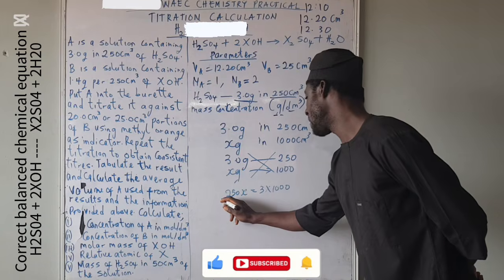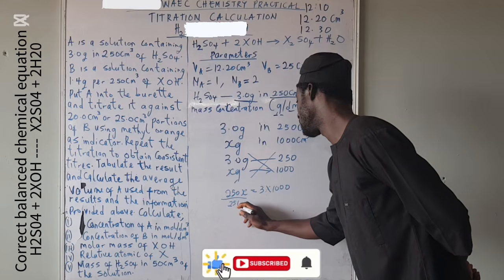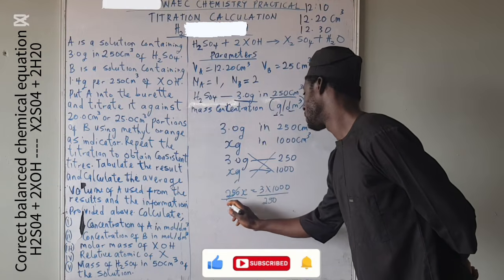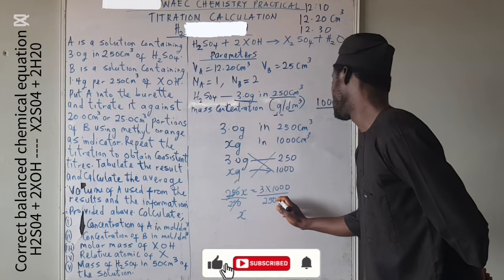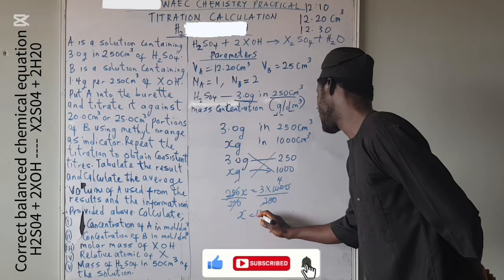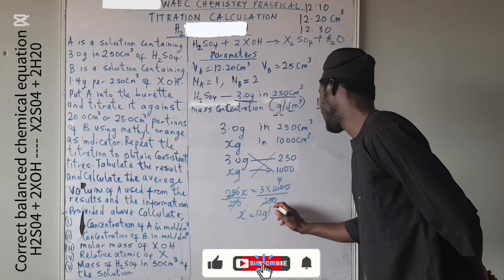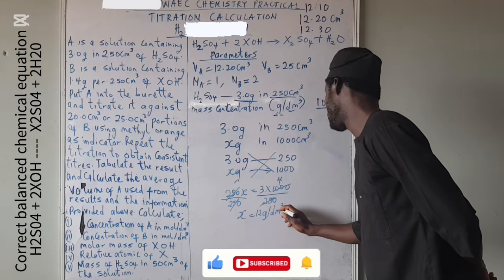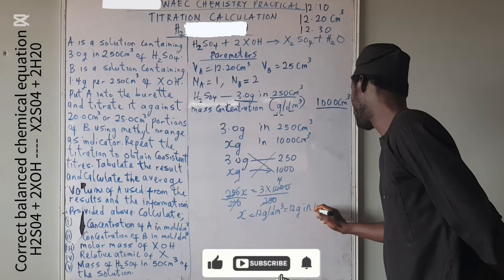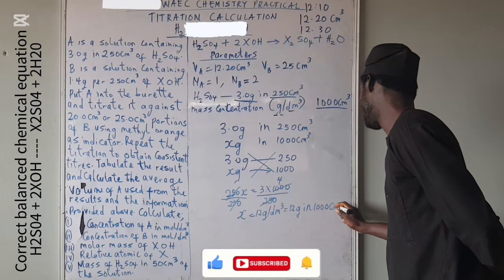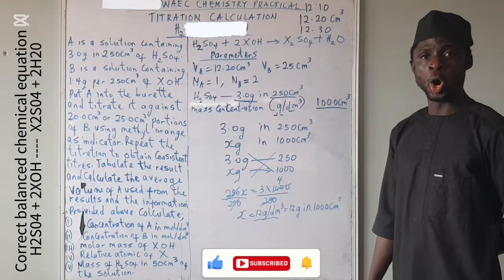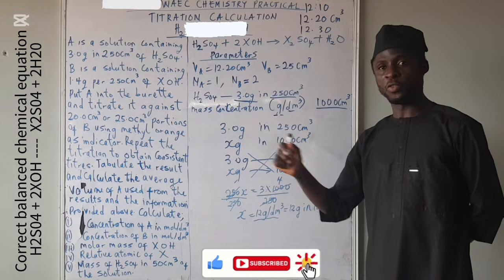To get our x, divide both sides by 250. So our x is, how many 250 in 1000? That is 4. So that will give us 12 gram per dm3, which also means 12 gram in 1000 cm3. So this is what we need. This is the mass concentration of H2SO4.